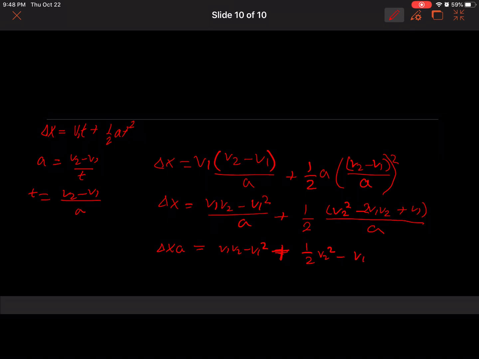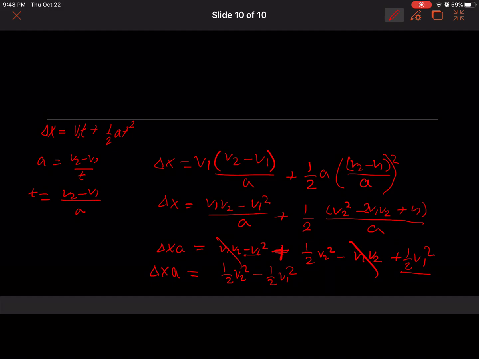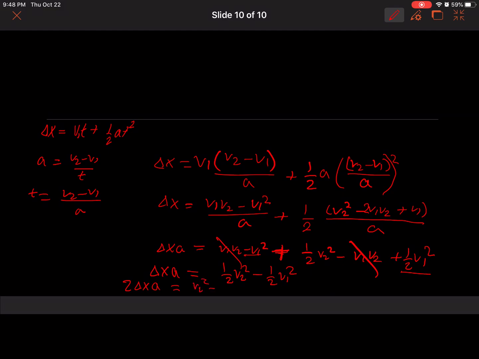I'm just going to write out this plus half v1 squared. Oh, look at that. That cancels out. We can subtract this with this, so you get change in x equals half v2 squared minus half v1 squared. Multiply 2 both sides. You get 2 displacement times acceleration equals v2 squared minus v1 squared.